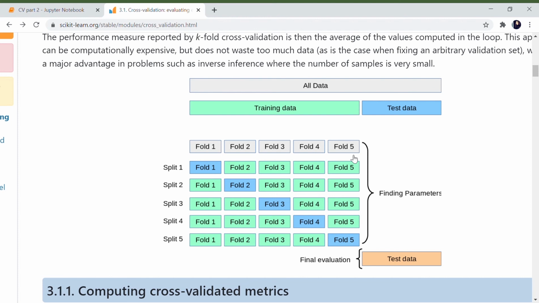But the problem with leave-one-out cross-validation is that we're going to have a very high variance. Why is that? Because each time we're leaving only one observation out. So imagine in the first split, we leave only one observation out.